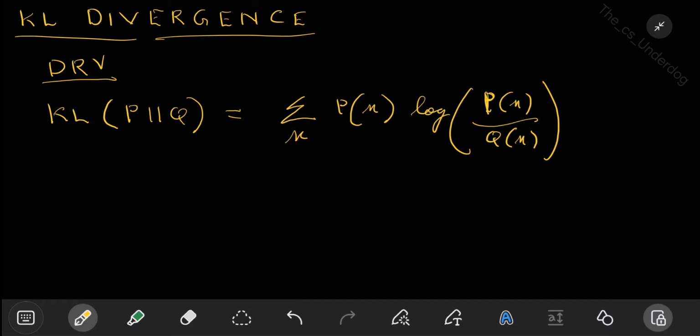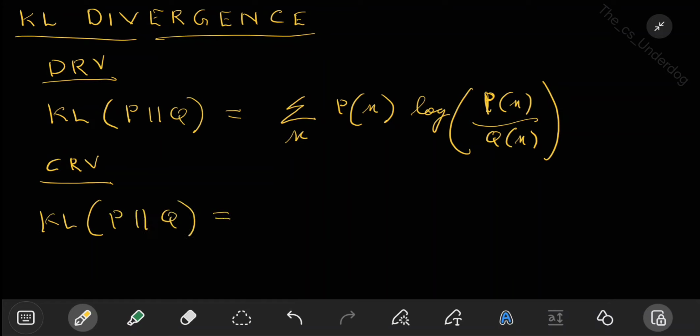You want to understand how much is P divergent from Q. This is what you can calculate using this formula. So what this gives is a mathematical value using which you can understand how much is the distribution P divergent from Q.